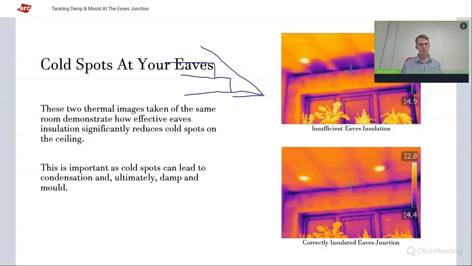One more point I wanted to land on is with the thermal bridging and the cold spots, the reason why we get worse damp and mold after a retrofit job, if thermal bridges such as the eaves aren't treated properly, is because if you imagine all of the room is cold, all of the moisture that's in the air is going to condense equally on all of those surfaces.